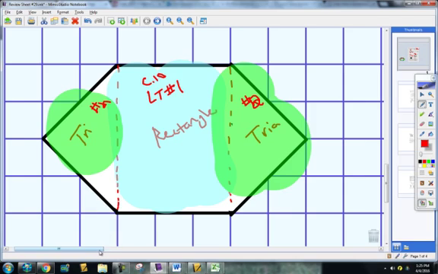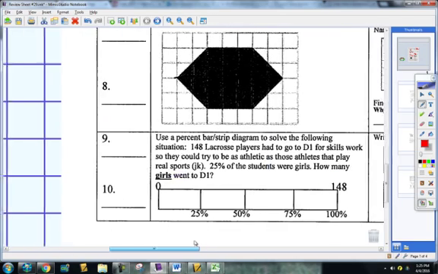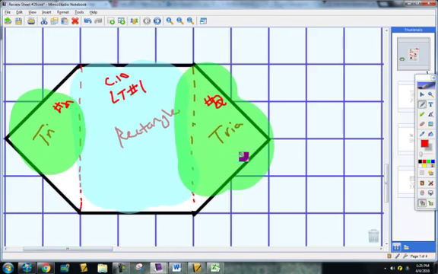I mean, it's not really all that hard, to be honest. It's just really hard to see on my copy. But if you're trying to figure out the base and the height of this rectangle, well, that's easy. This is the base. Obviously, this is going to be the height. So you're just going to have to count how many squares long it is here and how tall it is there. And then that's going to be base times height, and that'll give you what you need to know right there. Okay, so that'll give you the area inside.